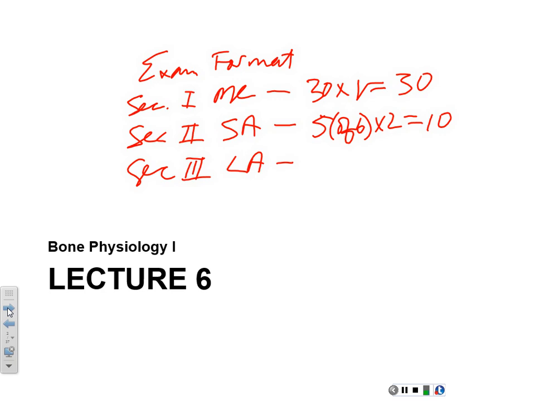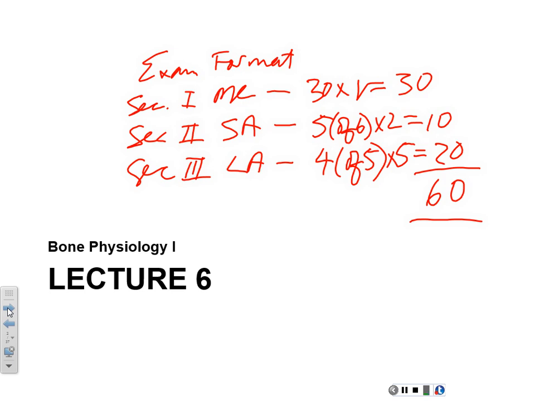So it works both ways. It helps you, it helps me. Here you have 4 of 5 times 5 points, which is 20, 10, 30, plus 30, 60 points. So that's the format, which is the same as last time, so no difference there.